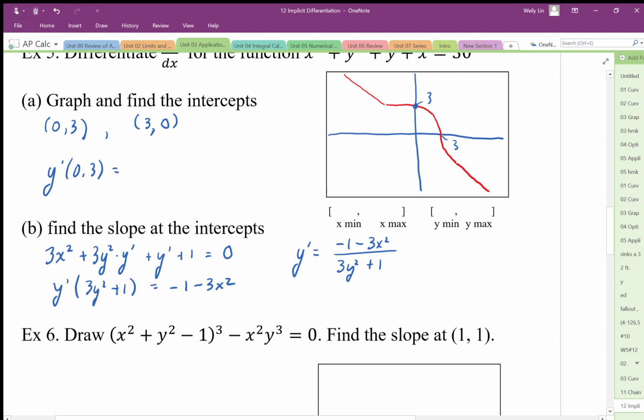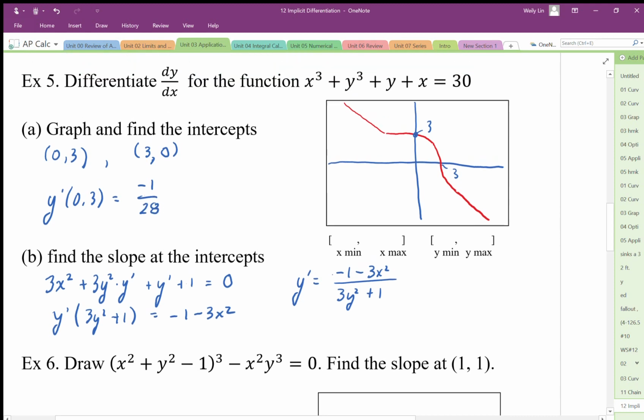Okay, so x is 0, so I get negative 1 on top, and y is equal to 3, so I'm going to get 9 times 3 is 27 plus 1, that's going to be positive 28. Okay, so the slope through that point is almost horizontal. It's going to be a really shallow negative slope.